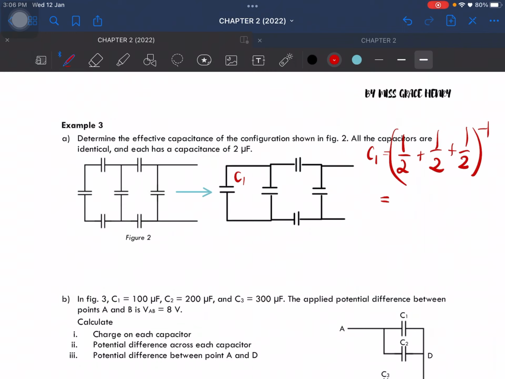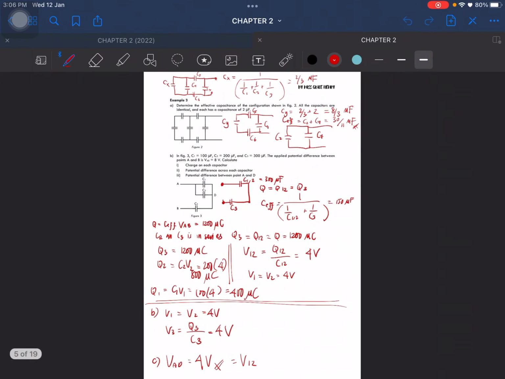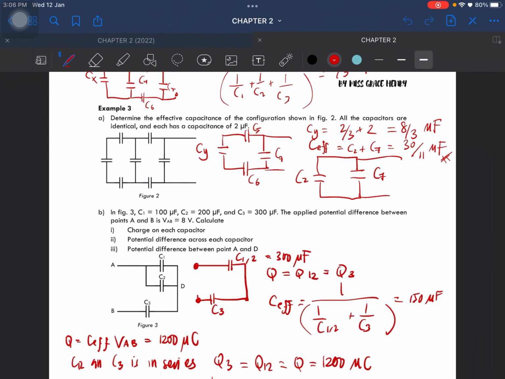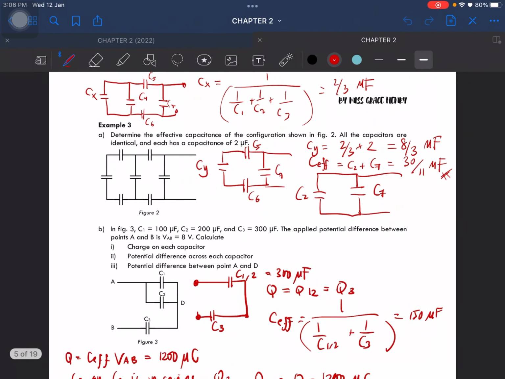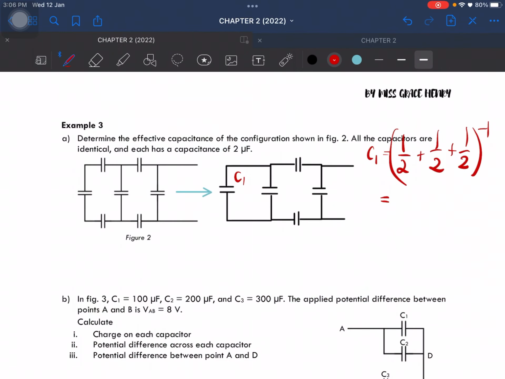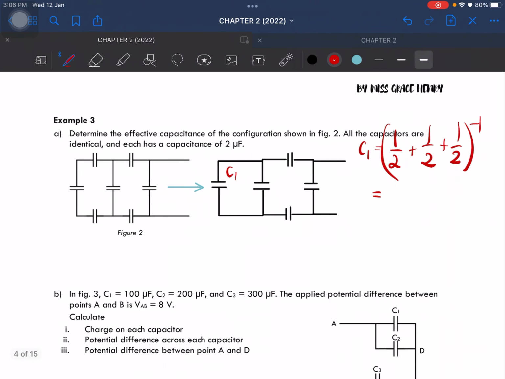So this is 6? Really? Let me check first. You should get 2 over 3. Yes, 2 over 3. Sorry, guys, I was confused. So this is going to be 2 over 3 microfarad.